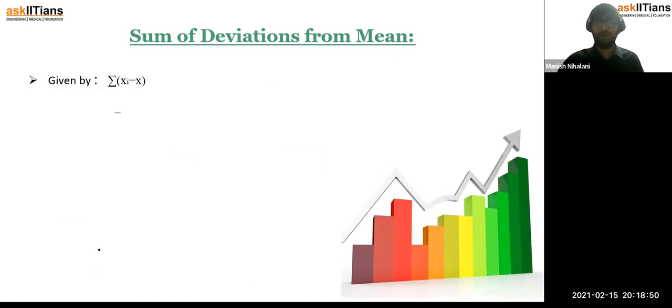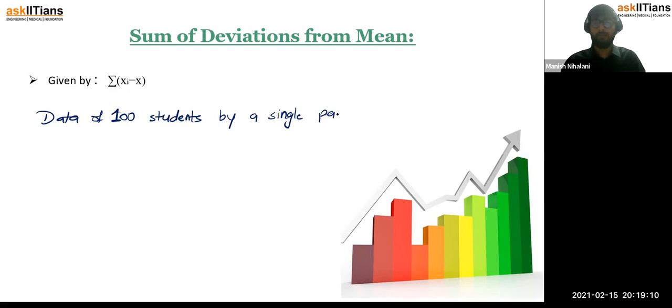Why do we calculate the mean? So that if we have the data of 100 students, we should be able to represent that data of 100 students by a single parameter, by one observation.